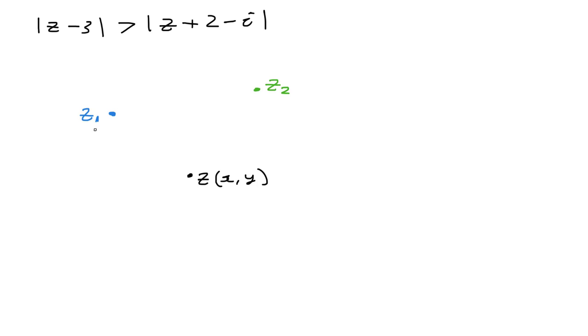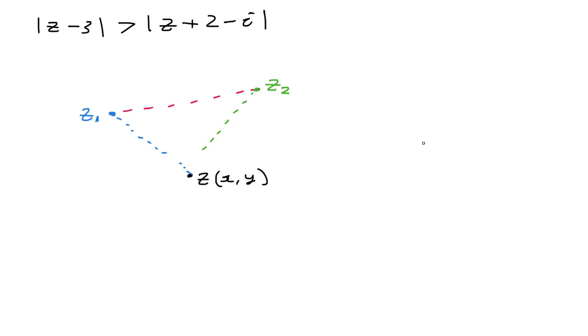Now, if we've got three complex numbers, these basically make up a triangle. I can have the line that joins z1 to z, the line that joins z2 to z, and a line that joins the two together, and we have a triangle. But what does this triangle really mean?